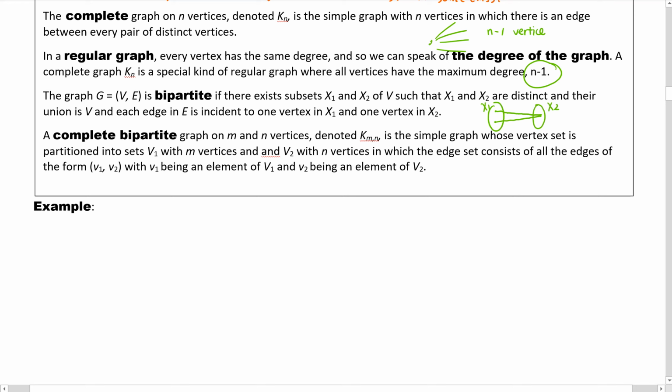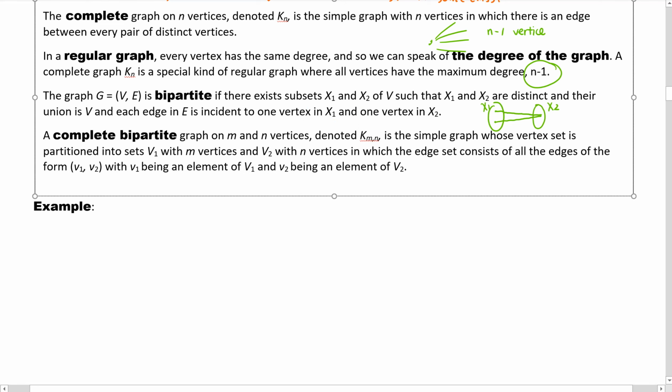A complete bipartite graph on m and n vertices, denoted K sub m,n, is the simple graph whose vertex set is partitioned into a set V1 with m vertices and V2 with n vertices, in which the edge set consists of all the edges of the form (v1, v2), with v1 an element of V1 and v2 an element of V2.